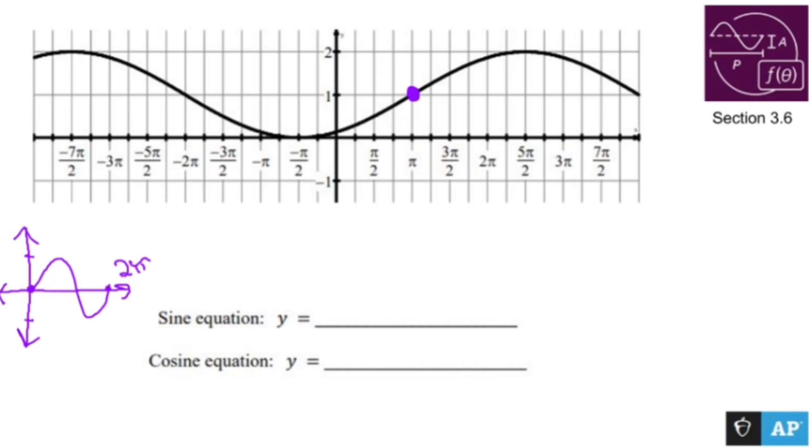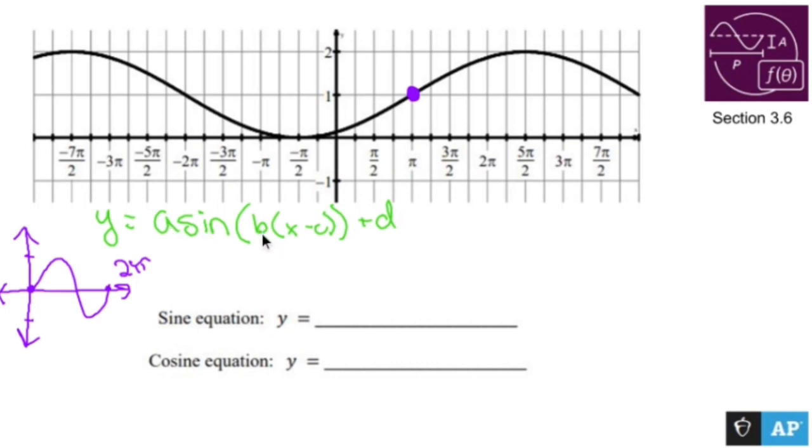Now what I'm also going to do is write out the general form for a sinusoidal function when using sine. That form is y equals a times sine of b times (x minus c), plus d. A is the amplitude, pretty easy to find, generally speaking.